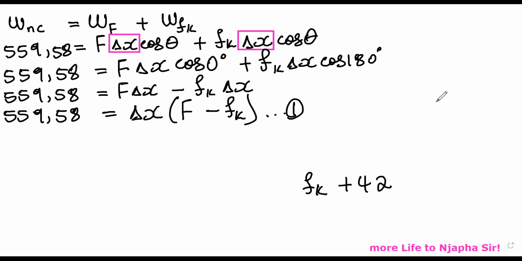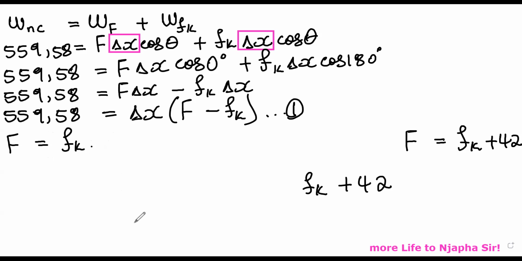But they also tell us that the block is moving at a constant velocity on the horizontal surface. So he said, this means that the applied force will be equal to the kinetic frictional force plus 42. In fact, it's what you need to write officially.